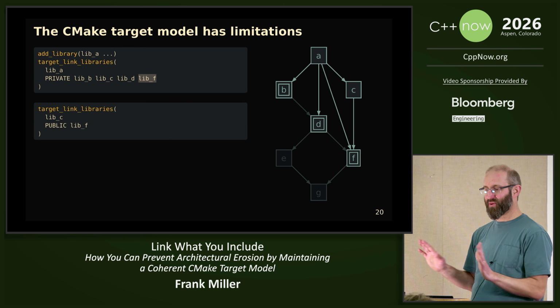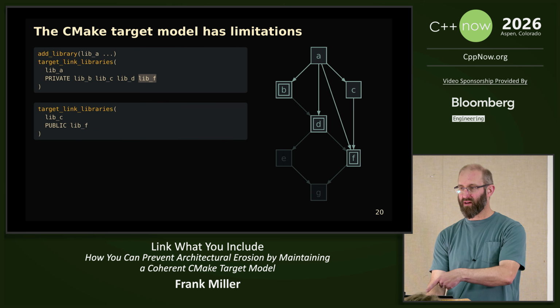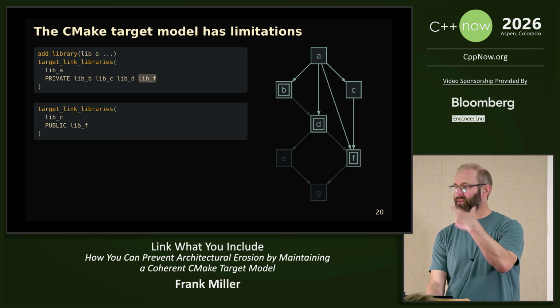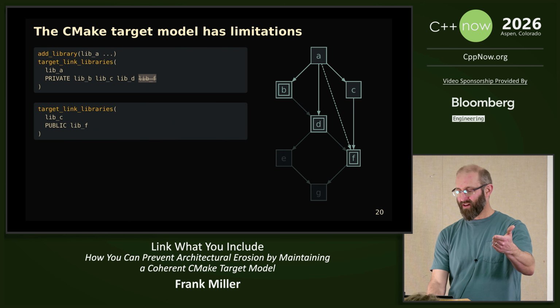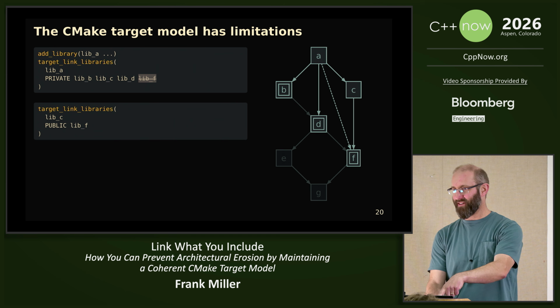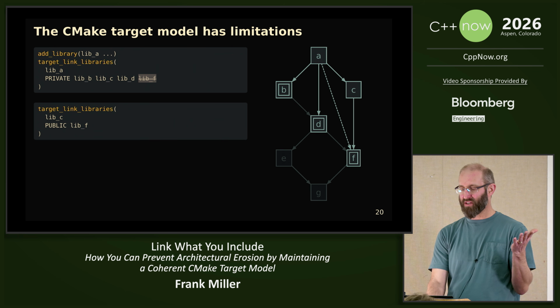But again, if we saw the whole system, we would see that this C dependency has a public dependency on libf. So that means the usage requirements for F are already attached to A. And so we actually don't need to write that. We should, but if we forget, it's still going to compile and everything's going to work just fine, right?